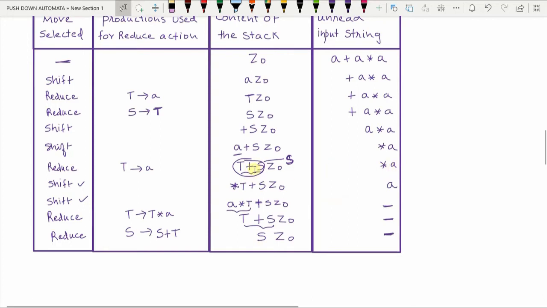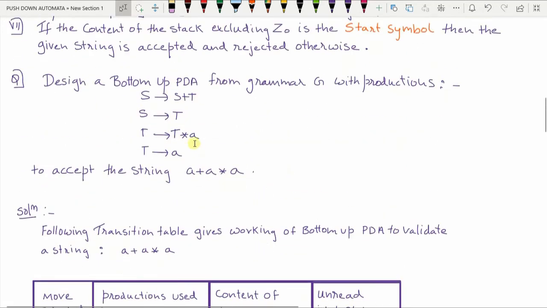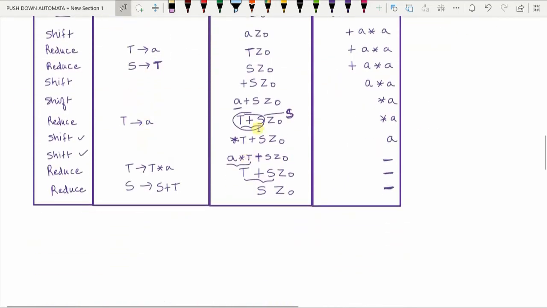If I had replaced this with S, then how would I have got the into and A into the picture? Not possible, no? Into and A is present for the production called T. That's why, instead of reducing it here, I waited for two more shift actions, till I got that term T into A.